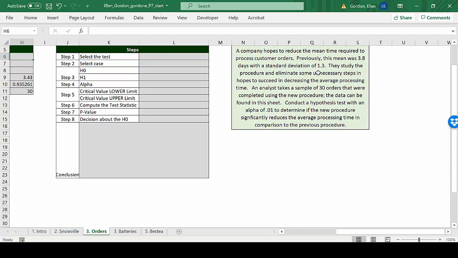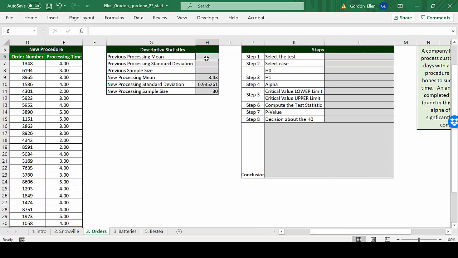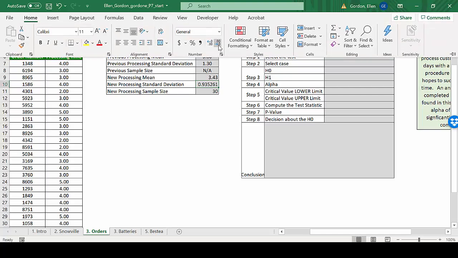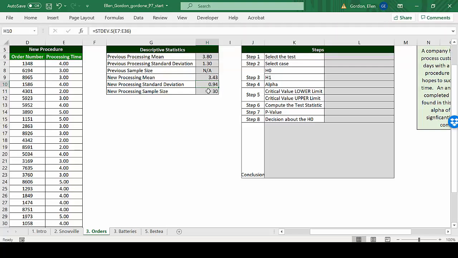And this is population information. Since it's a population, there is not a sample size, so we can type in NA. And typically all values are formatted to 2 decimal places with the exception of a sample size.